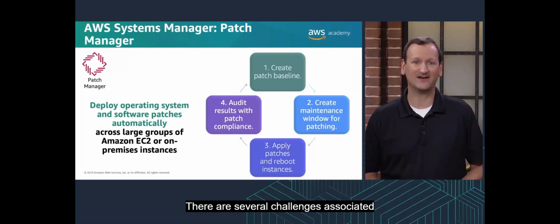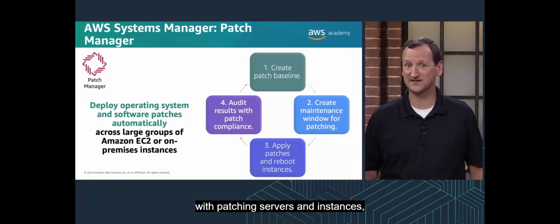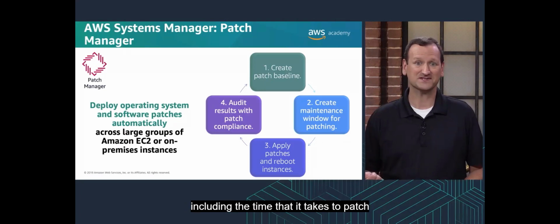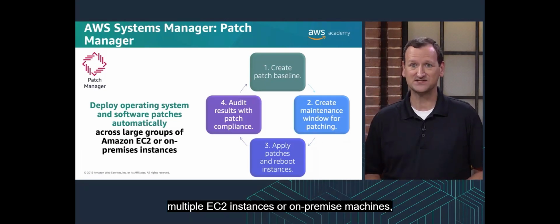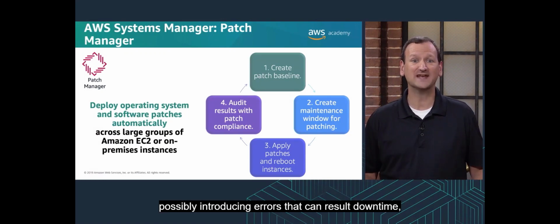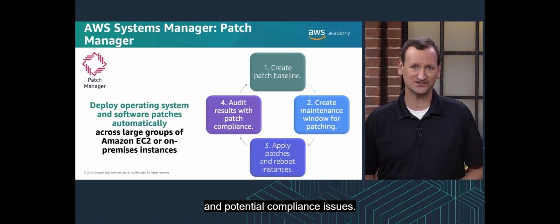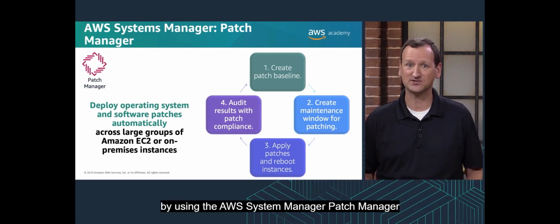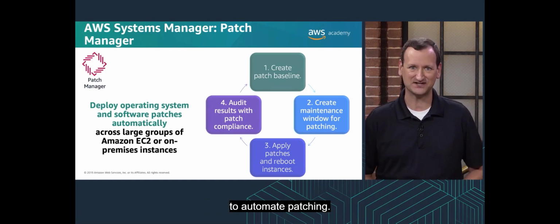There are several challenges associated with patching servers and instances, including the time that it takes to patch multiple EC2 instances or on-premises machines, the repetitive nature of the task itself, possibly introducing errors that can result in downtime, and potential compliance issues. You can overcome these issues by using the AWS Systems Manager Patch Manager to automate patching.